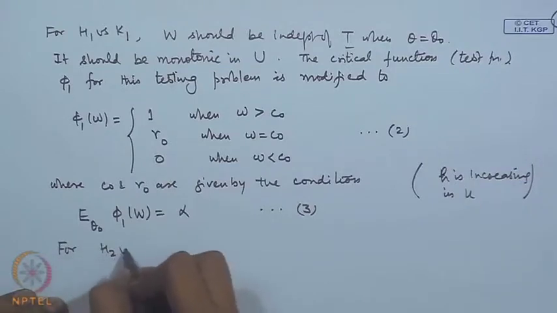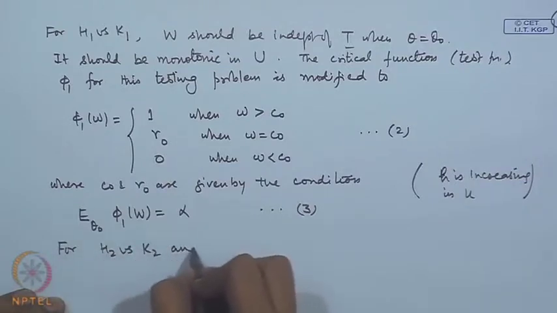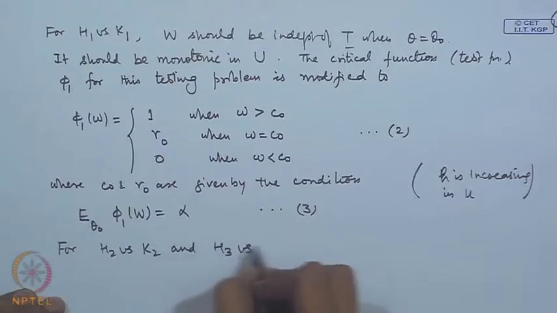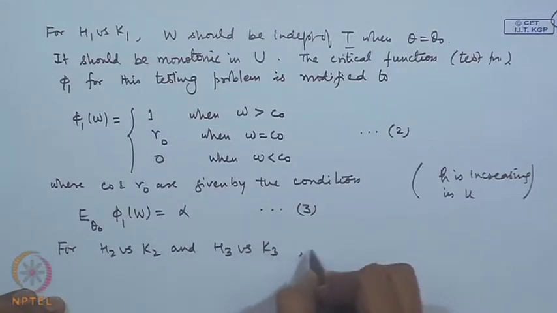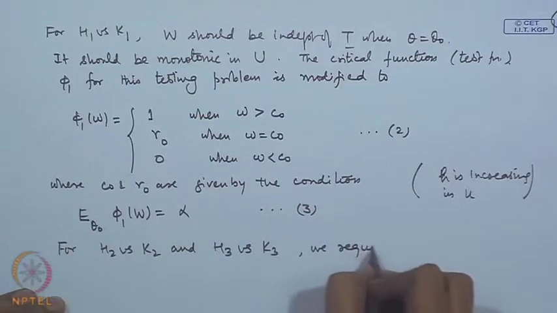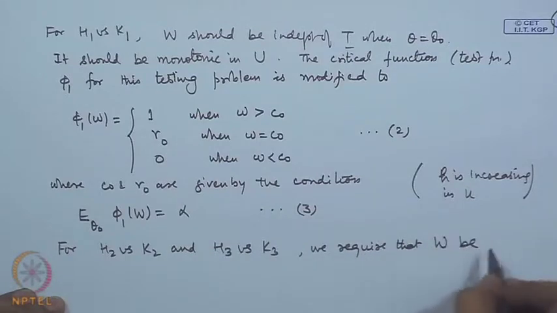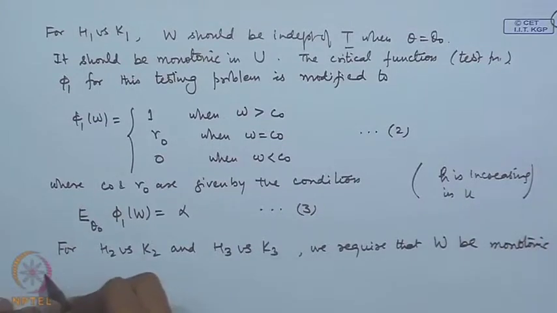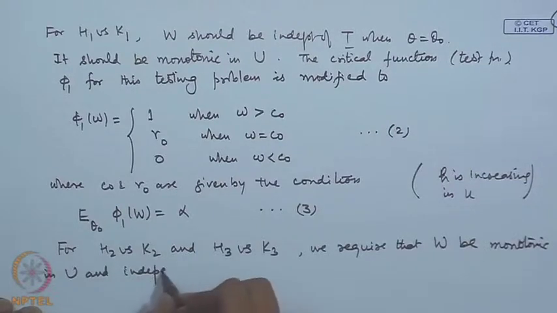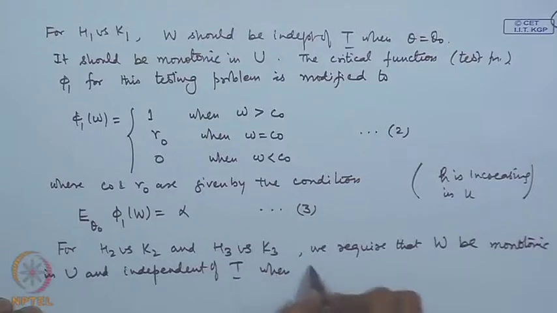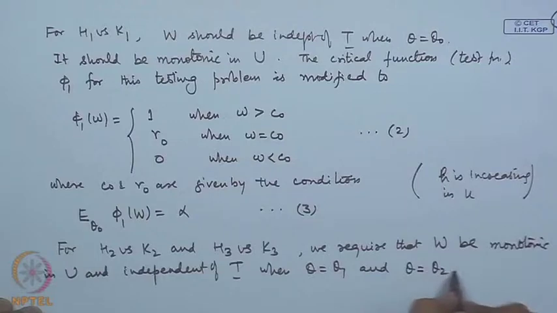For H2 versus K2 and H3 versus K3, we require that W be monotonic in U and independent of T when theta is equal to theta 1 and theta is equal to theta 2.